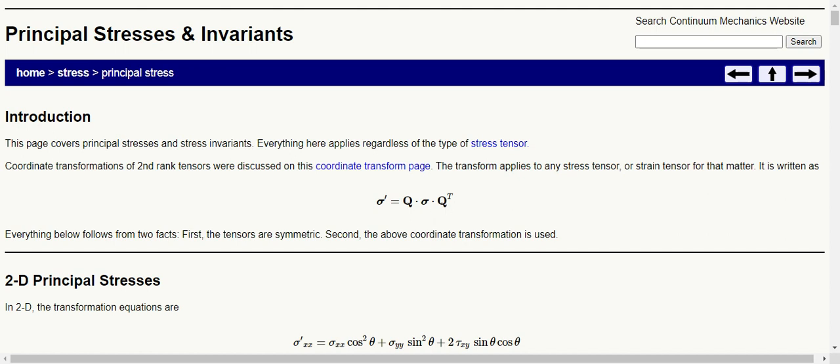As you already know, in matrix multiplication the order is important. That means if you put this Q after this, then it doesn't hold. So first the rotation matrix multiplied by your tensor, and then the transpose of that rotation matrix, will give the value of the tensor after the rotation.